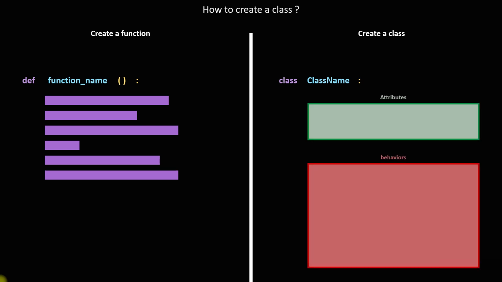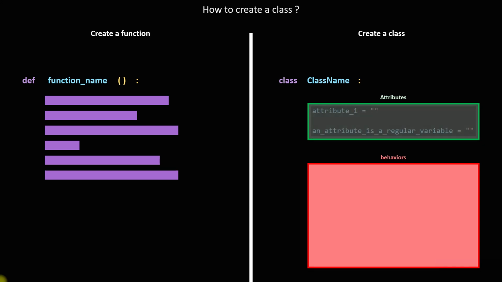After that, we will put our code inside the class, and we know that our code inside the class is separated into two parts. The first part is for attributes. For example, we will put these attributes.